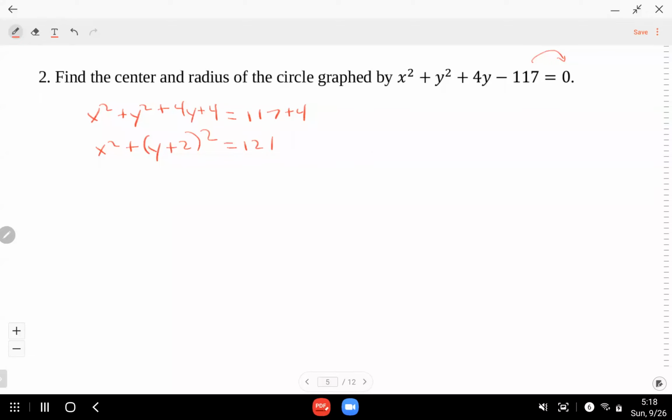Okay? So then you have our equation of the circle, meaning that the radius is going to be the square root of 121, which is 11. And the center is going to be 0, -2.